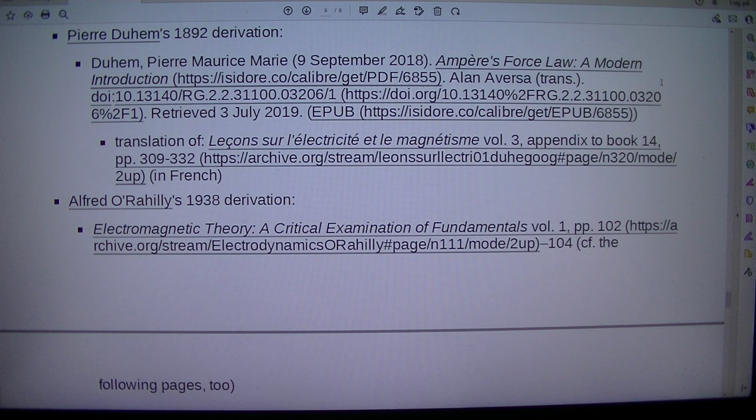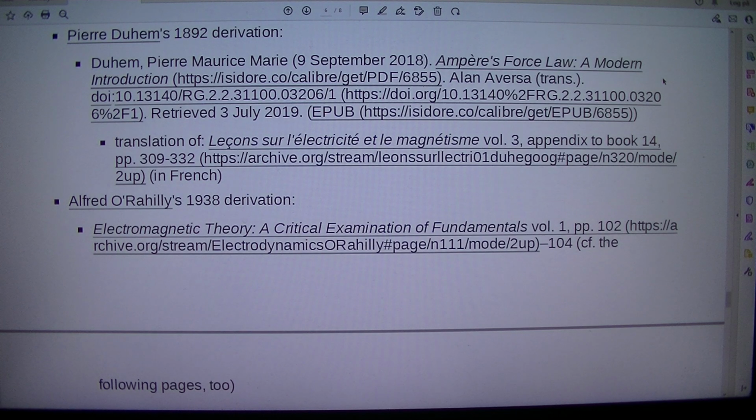Pierre Duhem's 1892 derivation: Duhem, Pierre Maurice Marie (9 September 2018). Ampere's Force Law: A Modern Introduction. Alan Aversa, trans. DOI 10.13140/RG.2.2.31100.03206/1. Retrieved 3 July 2019.